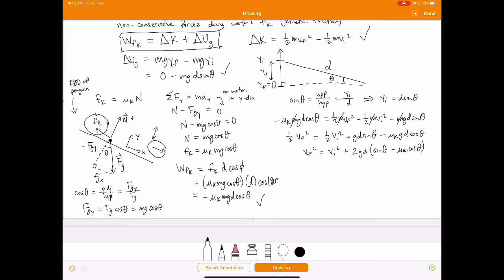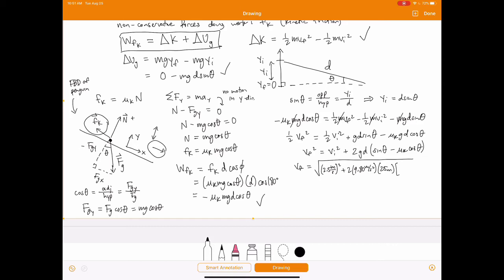Okay, so all I need to do now is plug in the numbers. v final is the square root. Okay, v initial squared is 2.5 meters per second, square that. Then I'm going to have plus 2 times g, 9.8 meters per second squared, and then d is the distance down the ramp. That's going to be 25 meters.